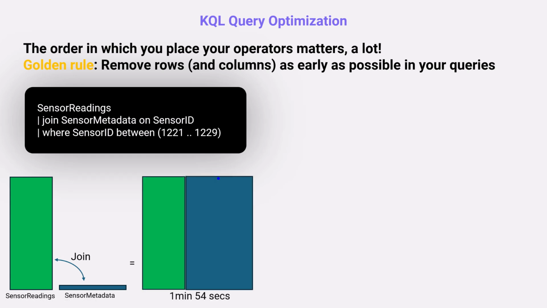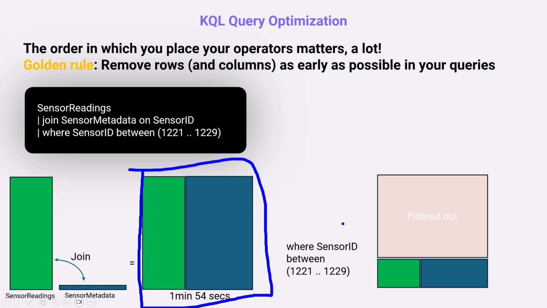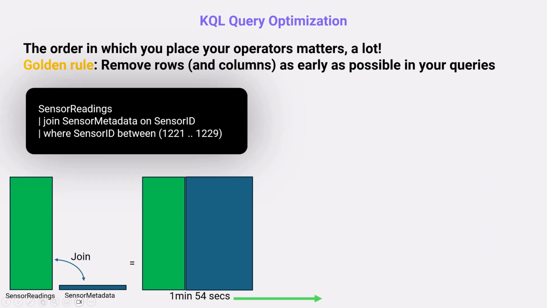Now, the problem is that when you do this, it's going to perform your join first of both of these data sets, right? And that's going to be a very big join on at least one very big data set. So it's going to have to perform all of these different joins against the whole data set like so. And then on the next step, this where statement, you're going to filter out most of it anyway. So all of this has been wasted effort.